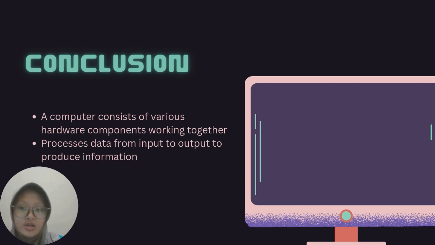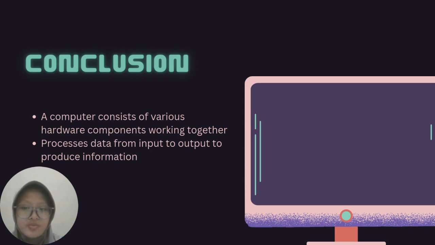In conclusion, a computer is not just a single device but a complex system of components working together. The CPU, memory, input or output devices, motherboard, and storage all play vital roles in data processing.